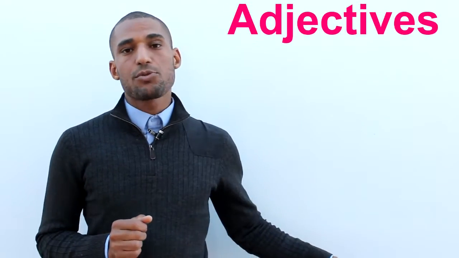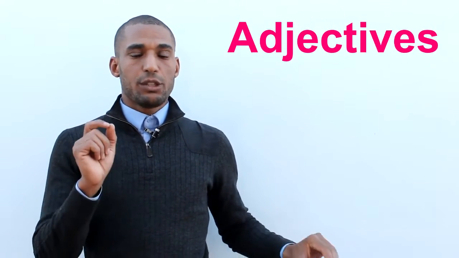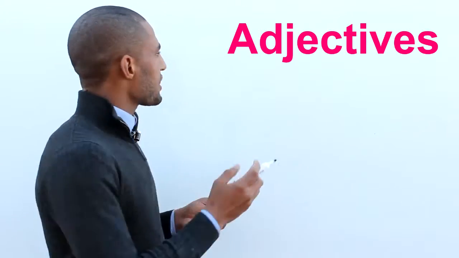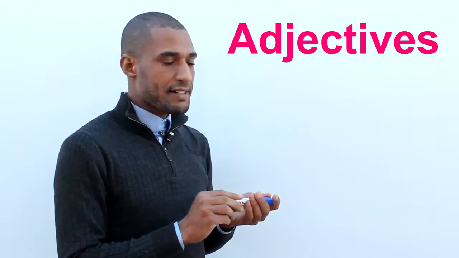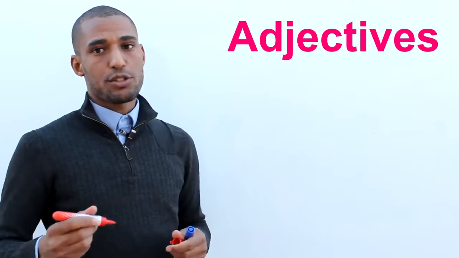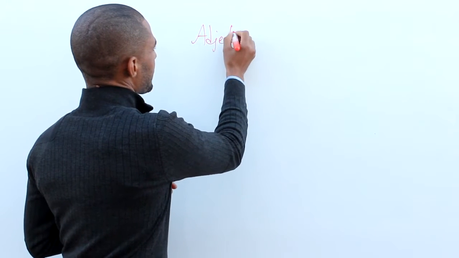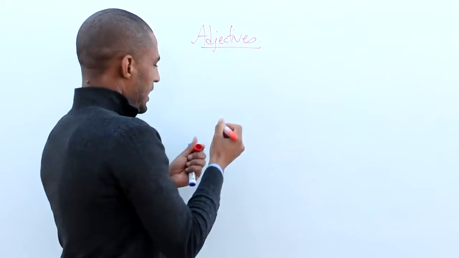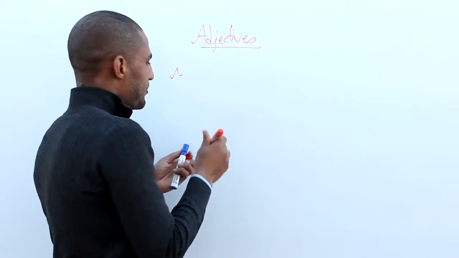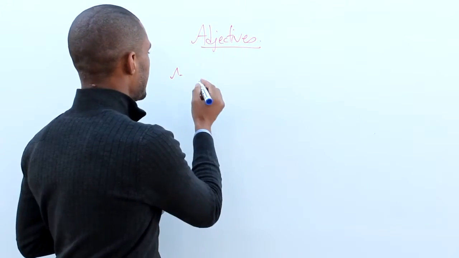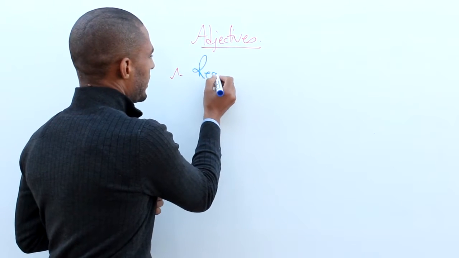So let us get started right now and discover the two basic types of adjectives. Adjectives can be classified into two basic categories. Let's write adjectives this way, and we got the type number one, the first type is called regular adjectives.